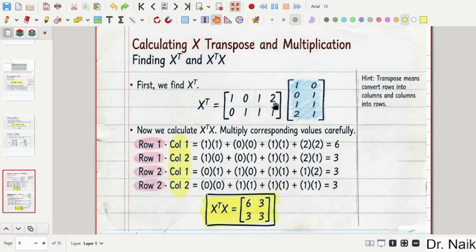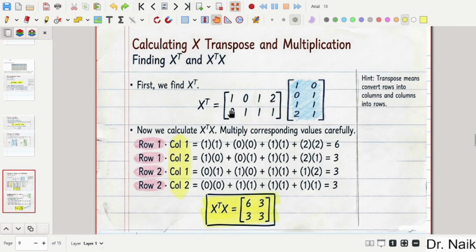Now calculate X transpose X. First entry: 1 multiplied by 1 plus 0 multiplied by 0 plus 1 multiplied by 1 plus 2 multiplied by 2. So 1 into 1 is 1, plus 1 into 1 is 1, and plus 2 into 2 is 4, so it comes to 6.